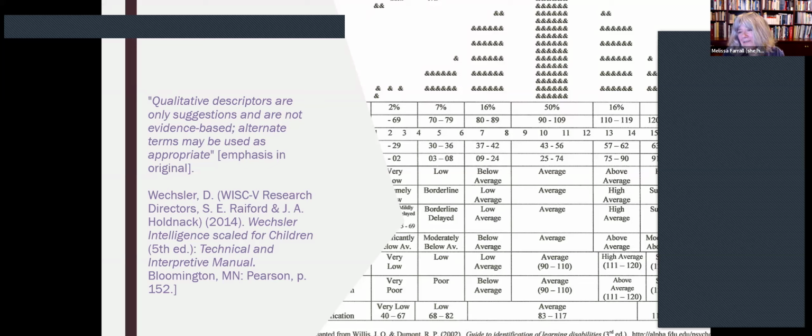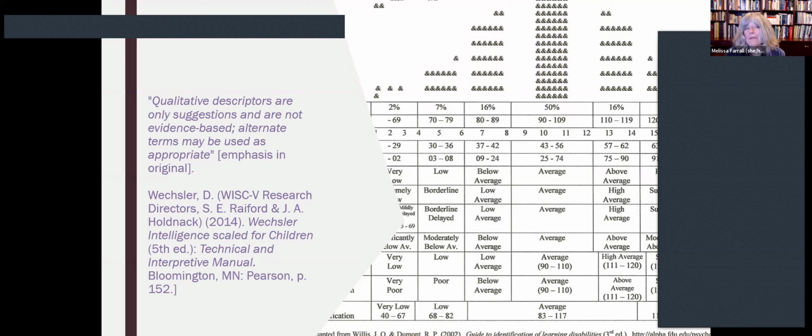Different tests use different labeling systems for the scores along the bell curve. And I've been in meetings where I've seen 2 evaluators argue over whose labeling system was the correct one. And the fact is, here's from David Wechsler himself, although I think this was published after he died.